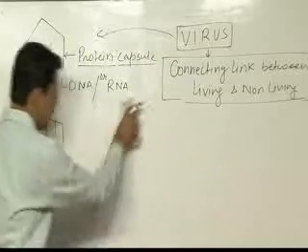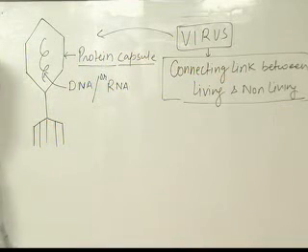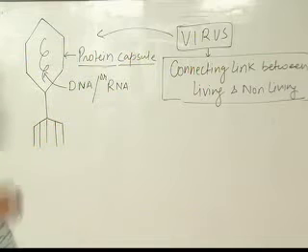Do you see any cell structure in that? We all know what a cell structure is. A cell will have a nucleus, it will have a plasma membrane. And there is nothing like that in viruses. Viruses are just protein and nucleic acid.